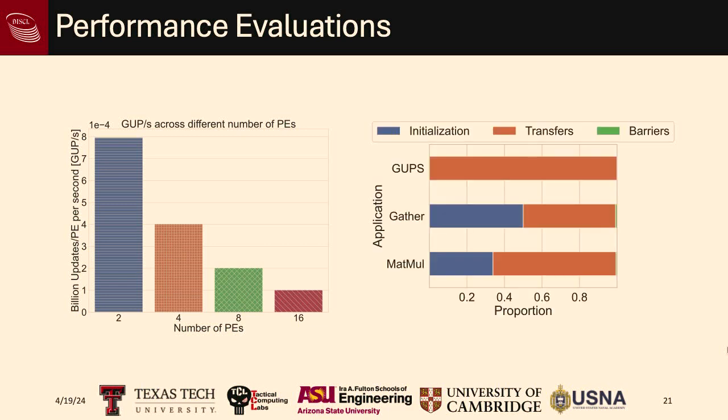On different applications, such as GUPS, gather, or matrix multiplication, you can see that the characteristic of an application is not that different from what we expect. So that is the base case of how we can evaluate whether such a simulation is good.